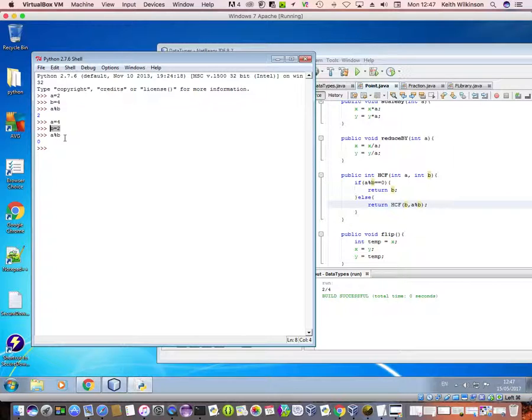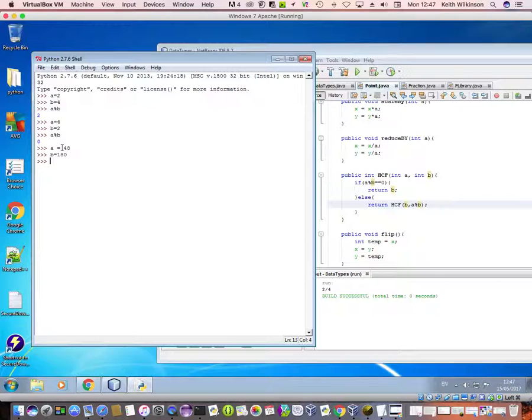So let's try something a little harder, see if we can work through what is going on. Let's take two numbers like A equals 48 and B equals 180.